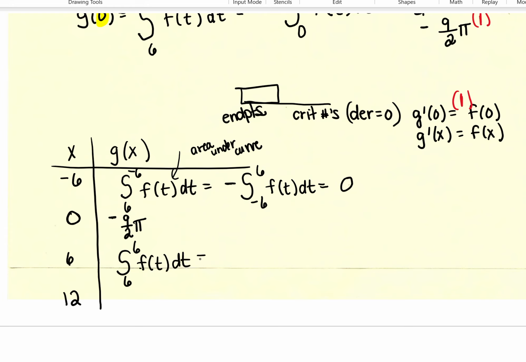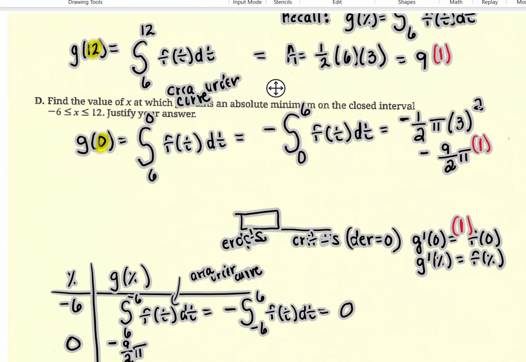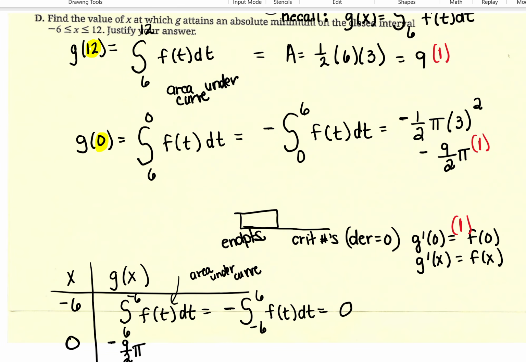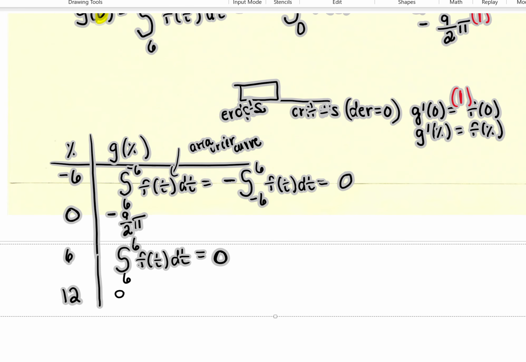But if you're looking at the area under a curve and it starts and stops at 6, there's absolutely no space there. So that's equal to 0 as well. All right, 12, we just found that up here in part C, and it was equal to 9.